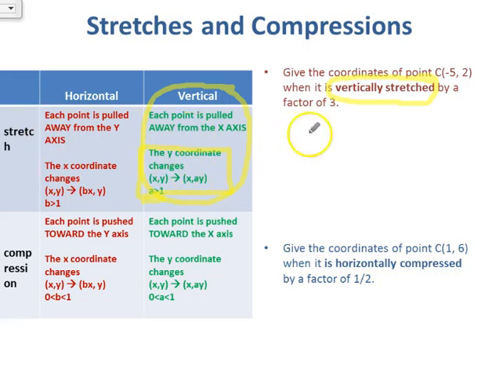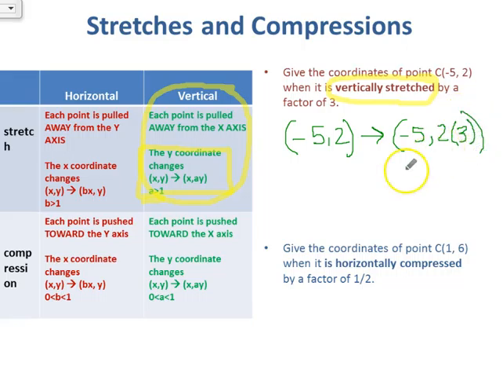So if our original coordinate is -5, 2, our new x-coordinate is going to stay the same. The rule tells us only the y-coordinate changes, and we're going to take that y-coordinate, which was 2, and multiply it by our factor of 3 that we are vertically stretching by. 2 times 3 is 6.